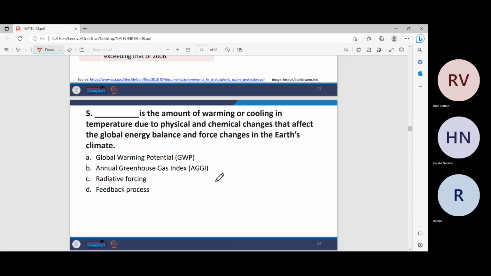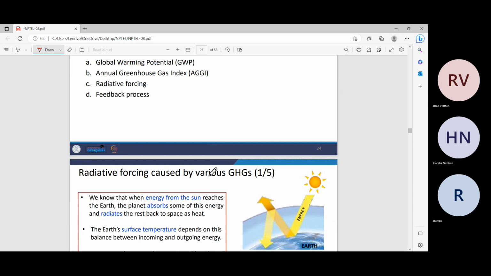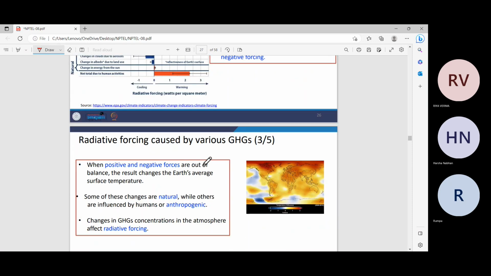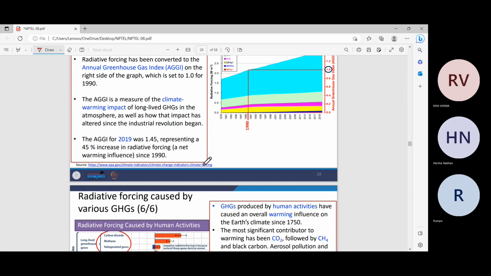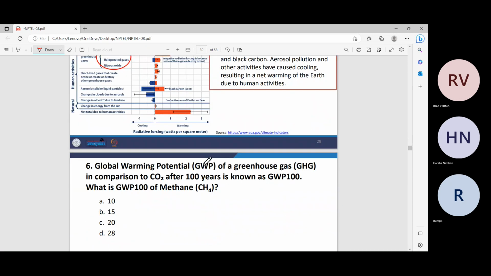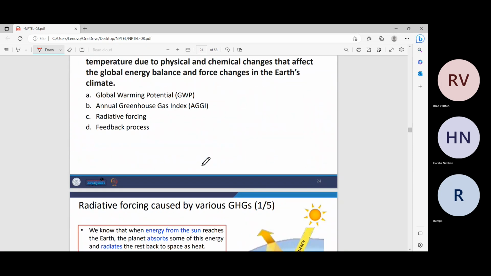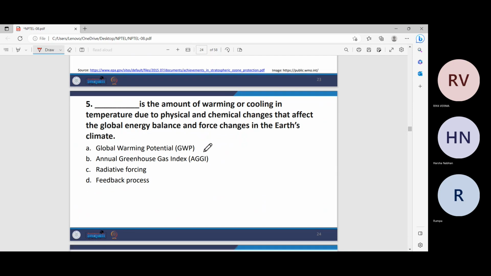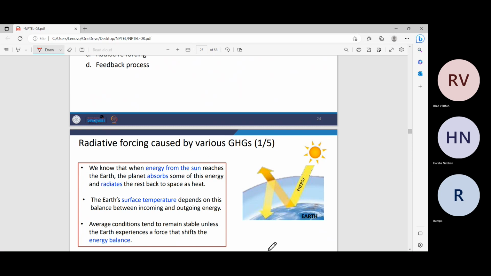Global warming potential. Let's see. Okay, so it will be radiative forcing because it is the amount of warming or cooling in the temperature due to the physical or chemical changes that affect the global energy balance. Check it once more.